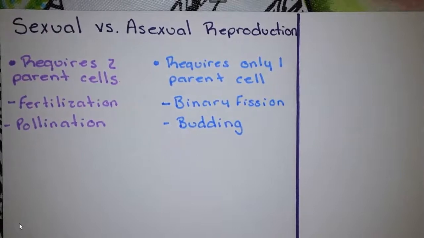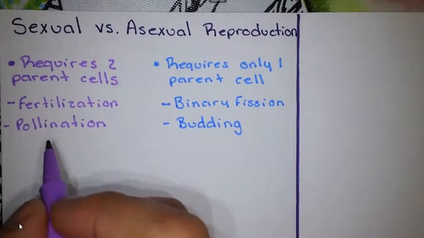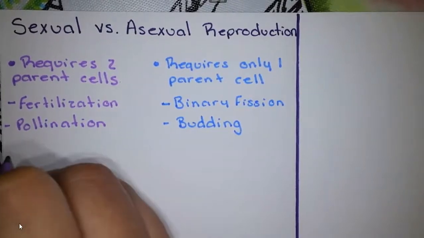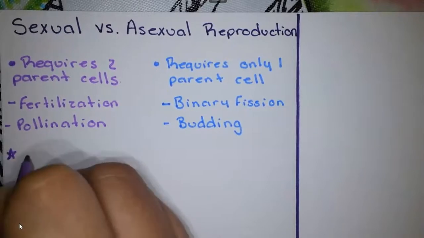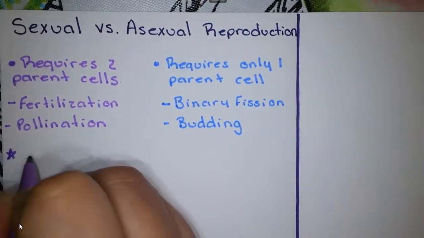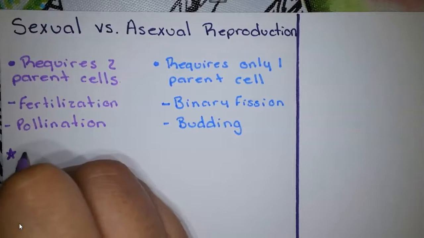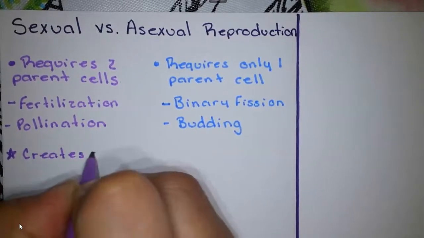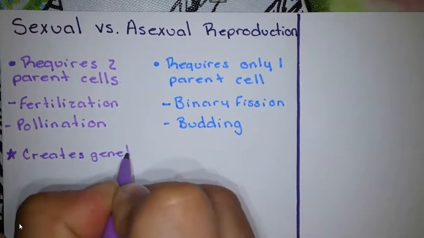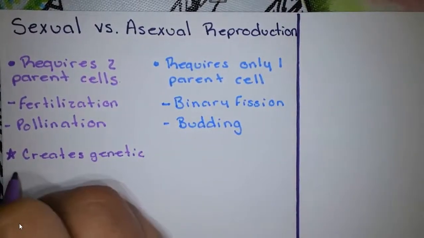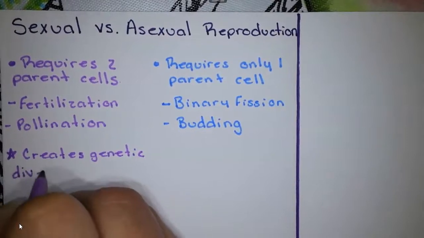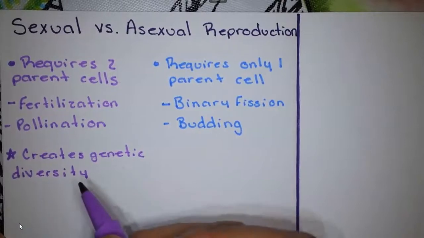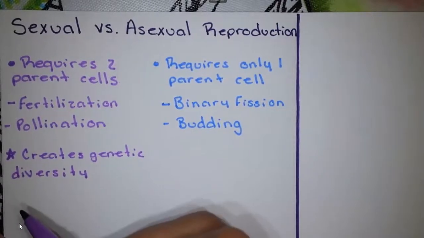So there are some advantages for sexual reproduction. So I'm going to put those in a little star. This one creates genetic diversity. Okay, so organisms can adapt better.